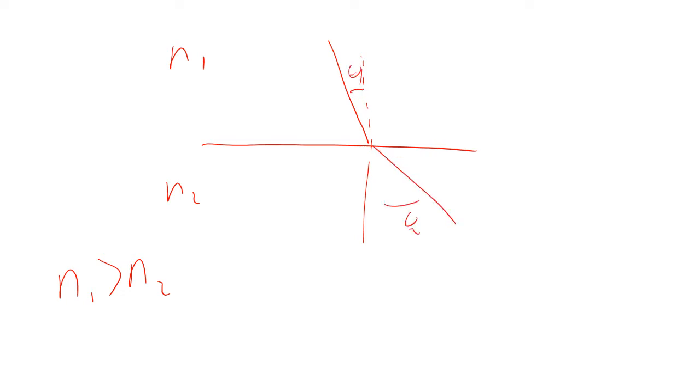So it's like N1, you got N2, we're assuming that N1 is greater than N2. Okay, so draw a perpendicular here. For small theta 1, theta 2 is bigger. For a critical angle right here, theta 1, theta 2 is 90 degrees. And for a bigger angle than that, theta 2 would be bigger than 90 degrees.